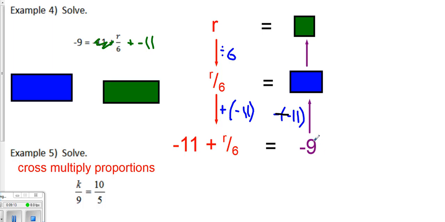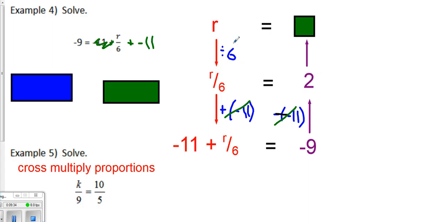Add 11 to this. So negative 9 add 11 would become a positive 2. And again, remember, this and this essentially are canceling each other out. We're just doing the opposite of those operations. So what this is saying is r over 6 equals, or is the same as, the value 2.